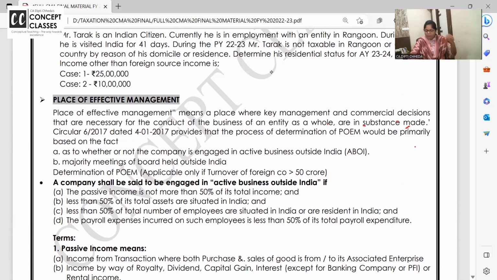The POEM would be primarily based on whether the company is engaged in active business in India or outside India.